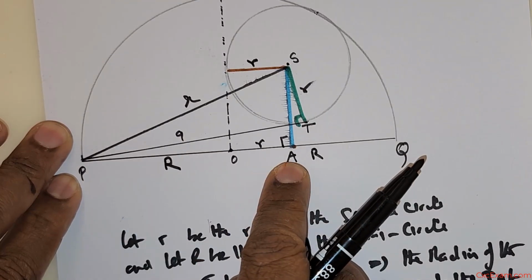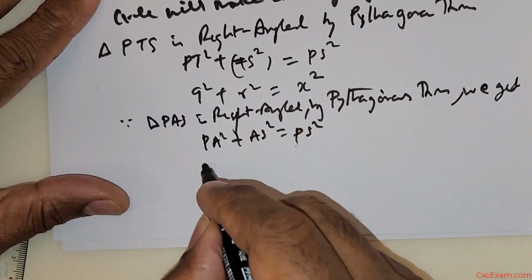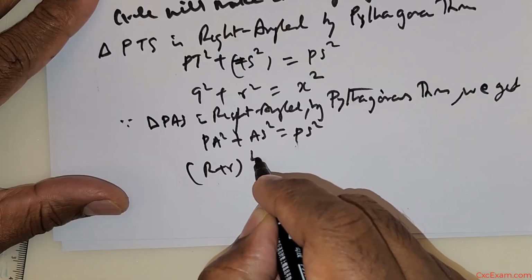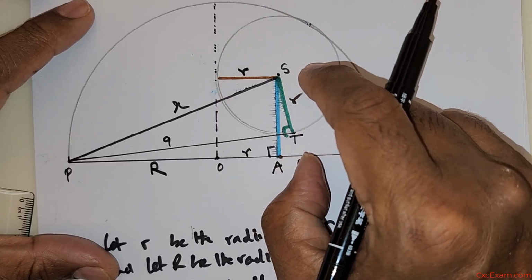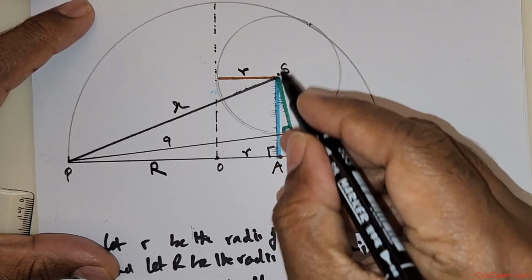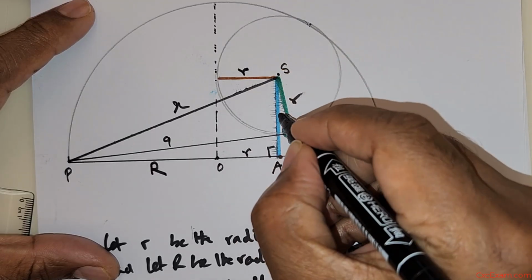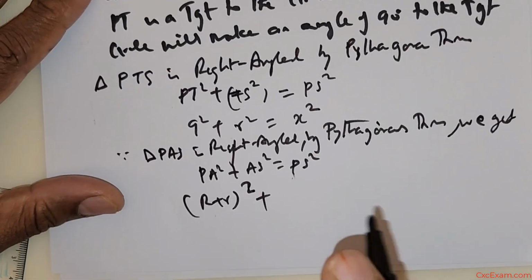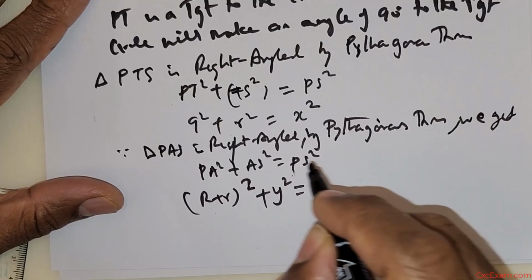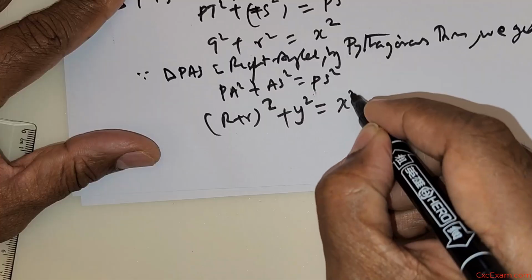Now this PA is capital R plus small r. So (R plus r) squared plus AS squared. Now I will take this AS as some y units. So that's going to be y squared is equal to PS squared, PS is x, so this is x squared.